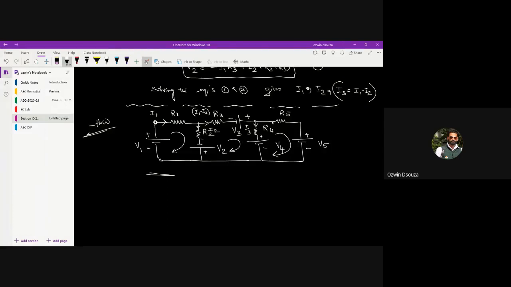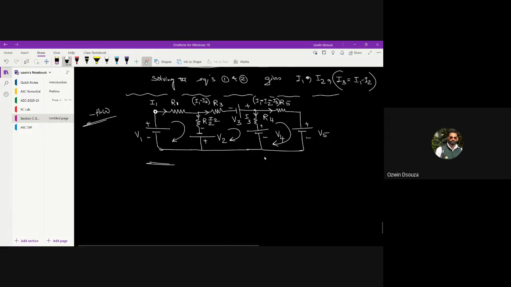The current which flows through R5 is I1 minus I2, the previous current, minus I3. So this is how we assign the current directions.